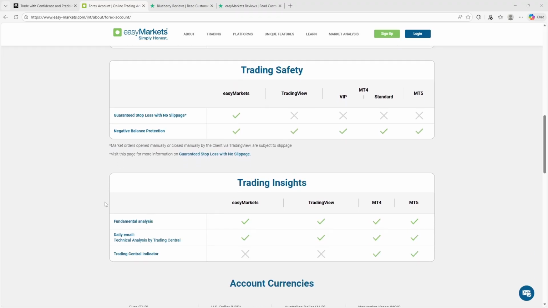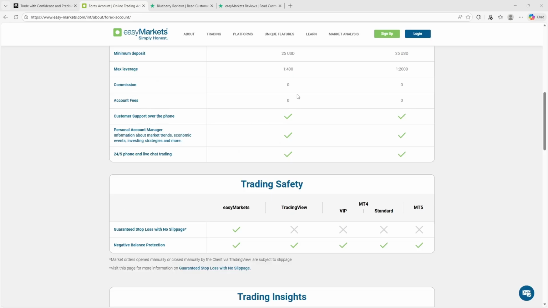Just as importantly, easyMarkets does not charge commissions, account maintenance fees, or hidden platform costs, which simplifies cost planning and removes surprises for newer traders who want clarity rather than institutional-style pricing models.